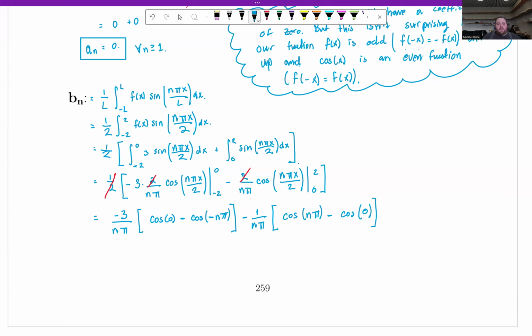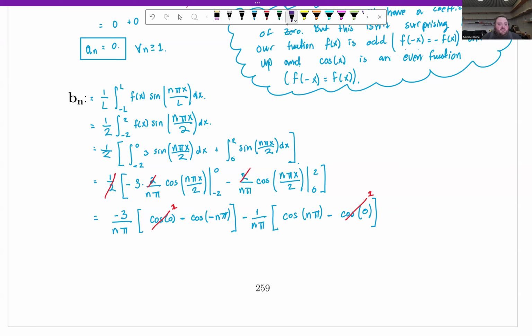Okay. Now, let's simplify this a little bit. Cos of 0, we know will be 1. Okay? And cos of nx and cos of negative nx, well, we're going to have to do a little bit more work here, but that's fine.